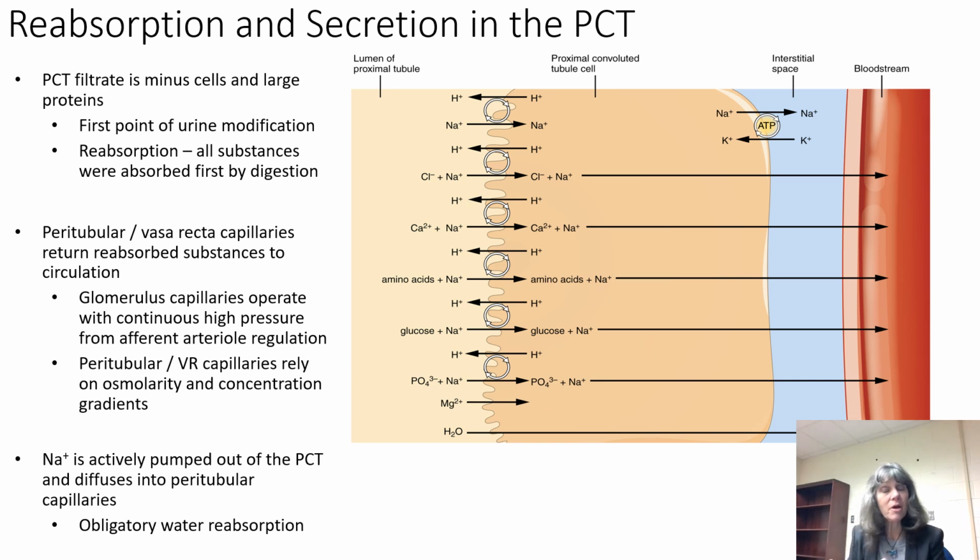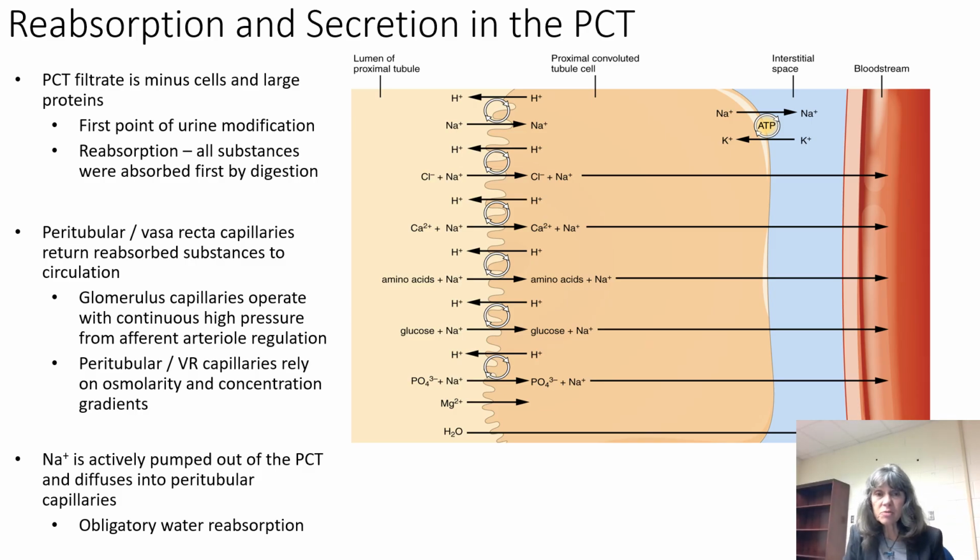Then that's a problem. But normally the filtrate is going to be everything that went through the capillaries minus the formed elements, which are cells and platelets, and large proteins. Large proteins should not be filtered through, and they should not be going into the proximal convoluted tubule in the filtrate.